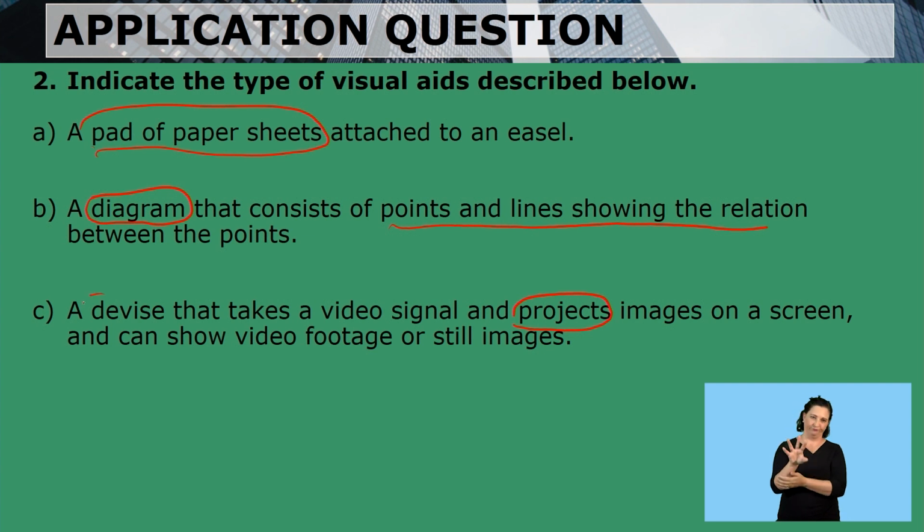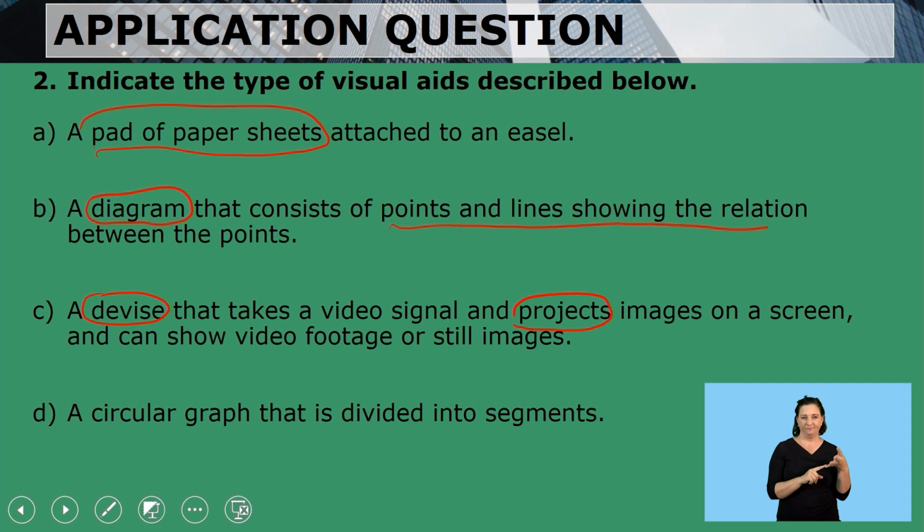Here's our keyword, projects images. Lastly, it's a circular graph. So already we are given that it's a graph that is divided into segments. I'm sure you've spotted and already understand, you've identified your visual aids by looking at all these four. Now let's come up with the answer.